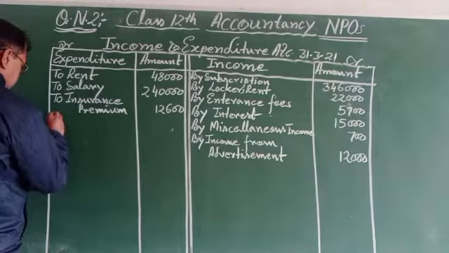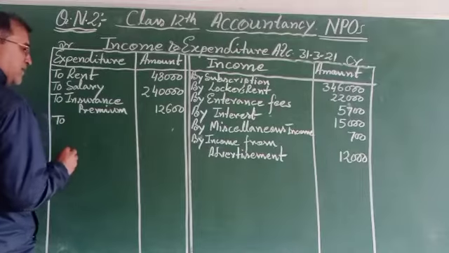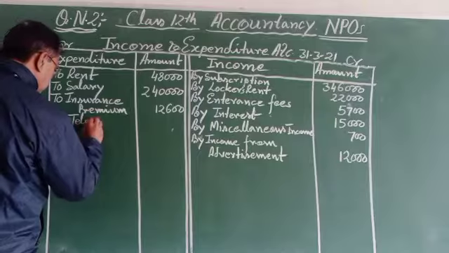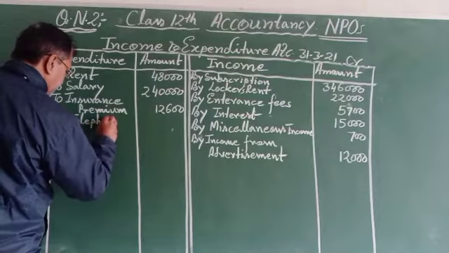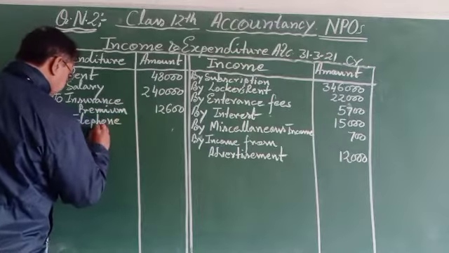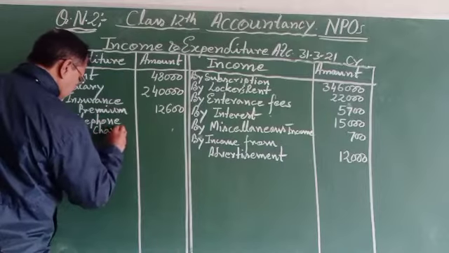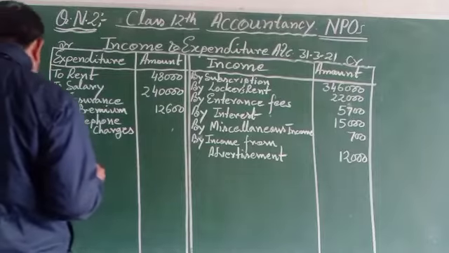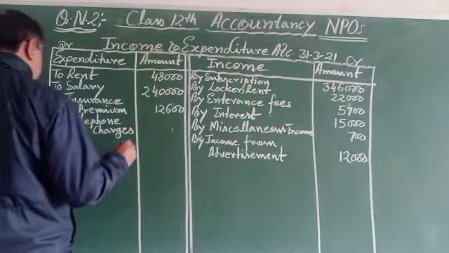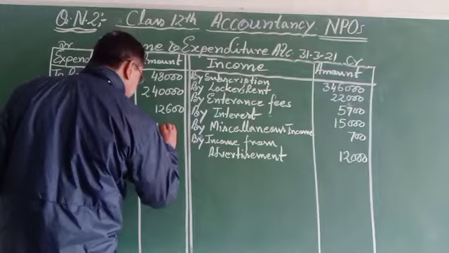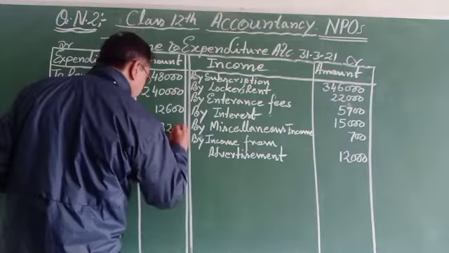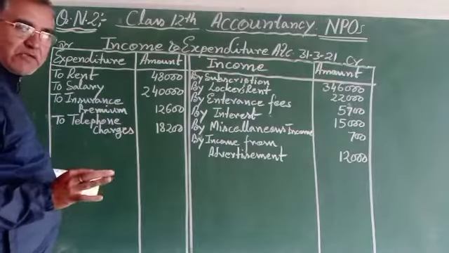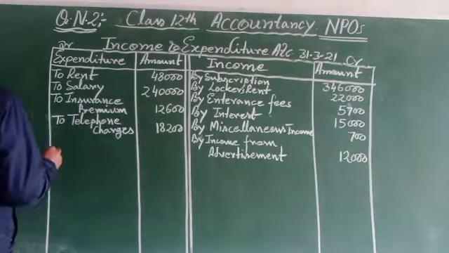For the particular accounting period, telephone charges, the amount is 18,200, paid by the organization.